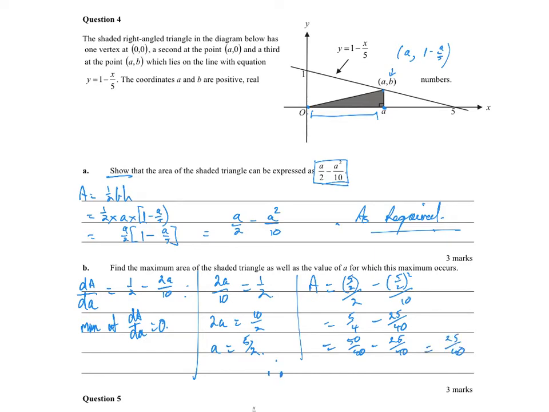Therefore, max area is 25 on 40. Have we got any units? It's 25 on 40 units squared, and it occurs when a equals 5 on 2.